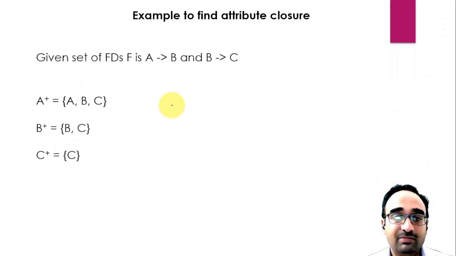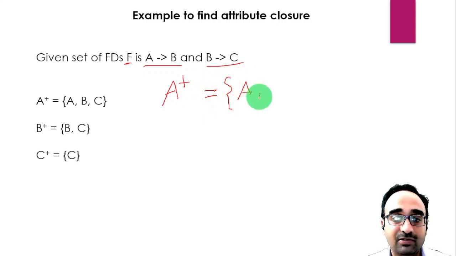So let's see the example finally. So this is what I have told you previously. So the thing is, they are giving you a set F which contains this and this FD, A to B and B to C. Now if you want to find closure of A, how will you find? First include A itself in the closure.